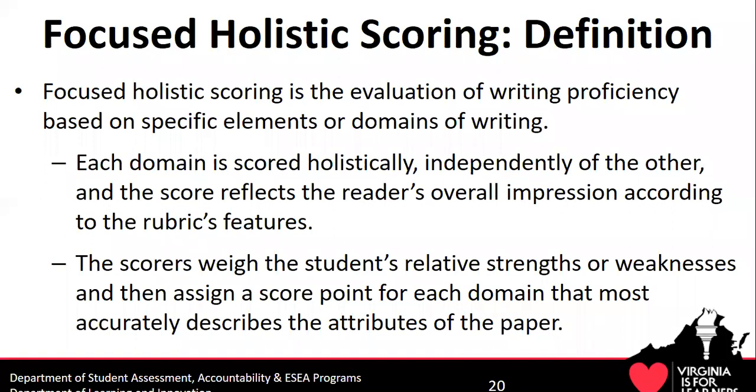So in Virginia, like Catherine mentioned before, we use the domains of composing and written expression and then usage and mechanics. So the reader will read the paper and then look at and weigh the student's strengths and weaknesses in the paper and then assign a score that most accurately reflects the overall attributes of that paper. So we're going to look at an example of what that means next.